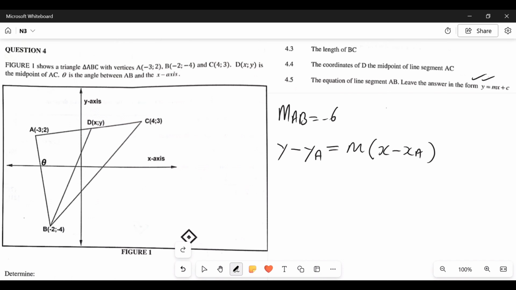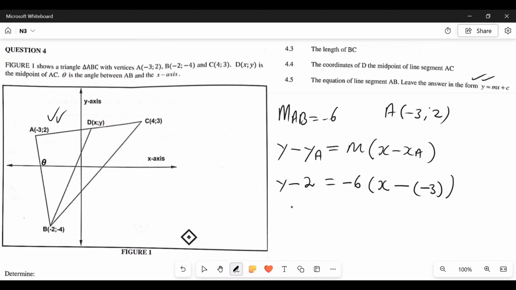So before we substitute, we know that point A is (-3, 2). These values we are going to substitute into our formula. So y minus YA is y minus 2, our gradient is -6, which we got from our first question when we were calculating the gradient of AB. So we write -6, open bracket, x minus XA, and we put our x value there, which is -3, close bracket.